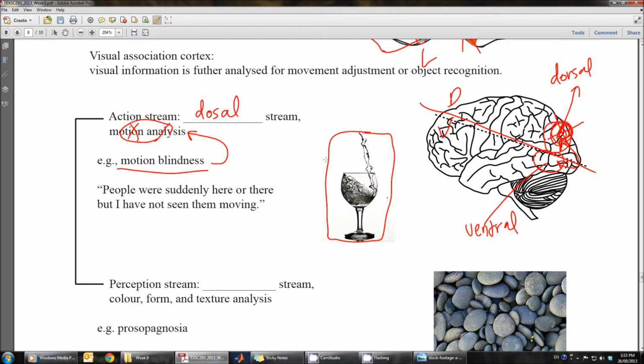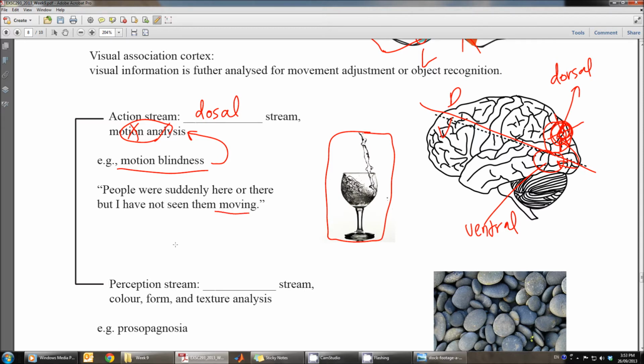When you're pouring the water in the glass, she or he will just see this picture in a series and can't recognize the motion. So mostly they're really afraid of going out, because if you imagine, as one of the descriptions here says, people were suddenly here or there, but I have not seen them moving.